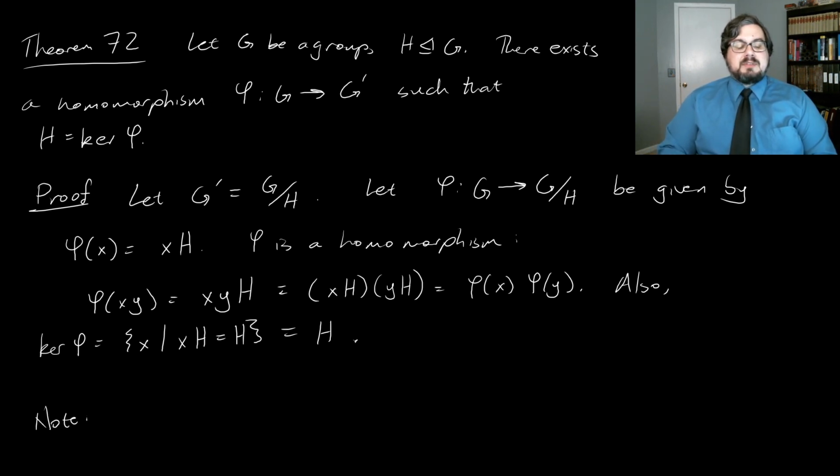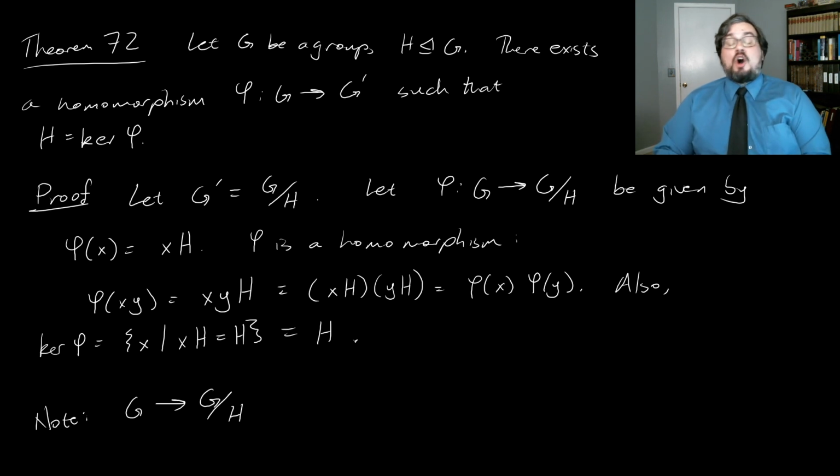So you'll note that this map from G to G mod H is very natural. There are no decisions to be made here, and it always exists in exactly the same way. It's very standard, and it has a name.